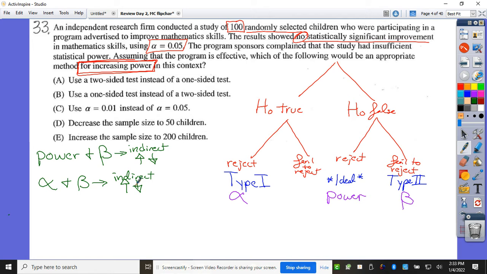Which means by default, if power and beta are inversely related, and alpha and beta are inversely related, that means power and alpha are directly related. As one goes up, the other one goes up, or as one goes down, the other one goes down.